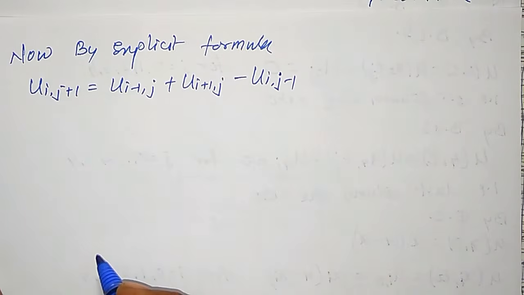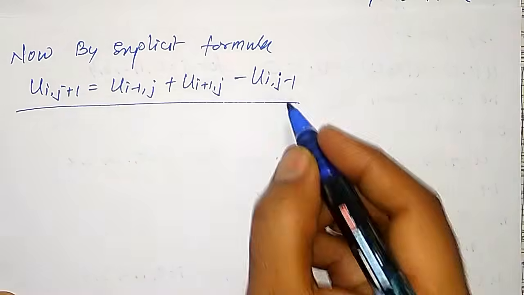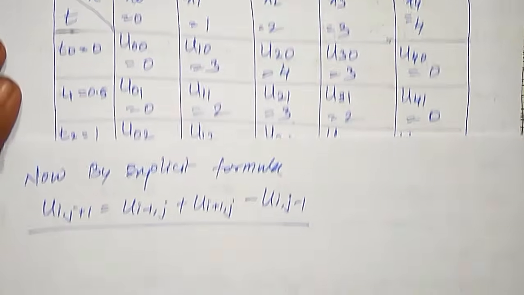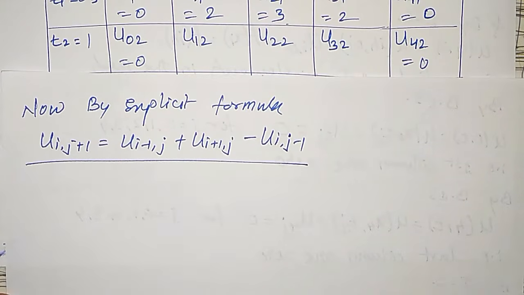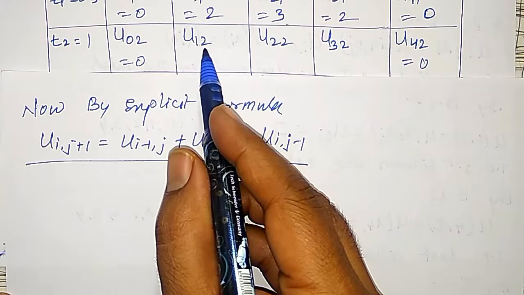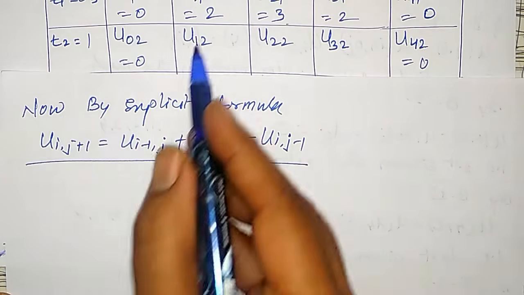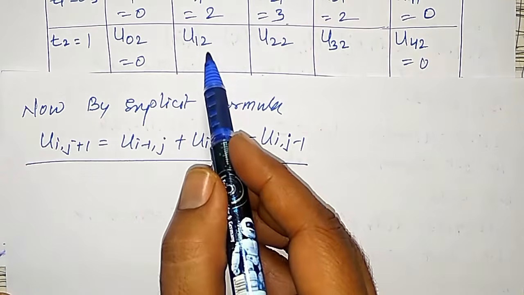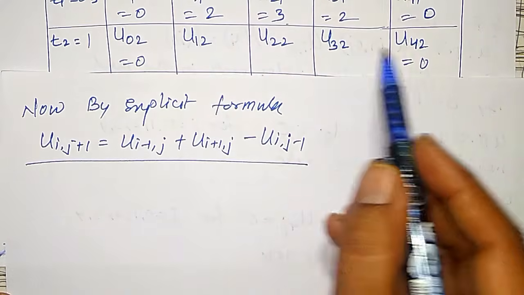I have the formula. Therefore to find this in the table, I want to calculate u12 now. Therefore i equal to 1 and j equal to 2 remain.